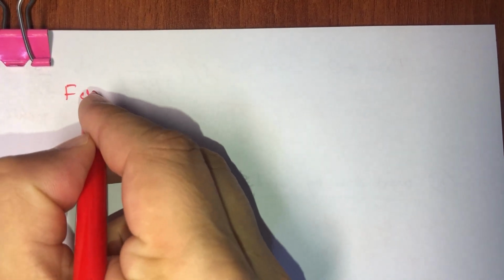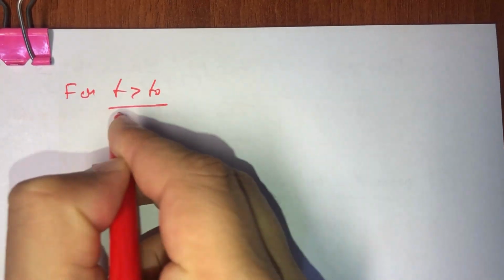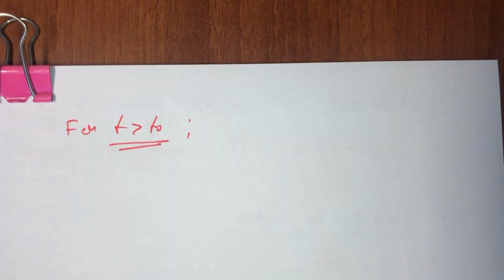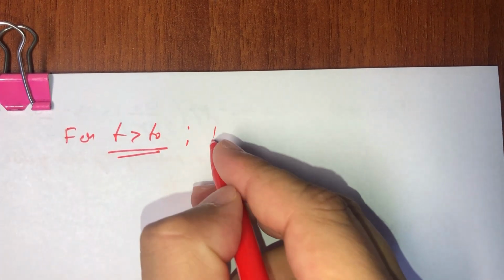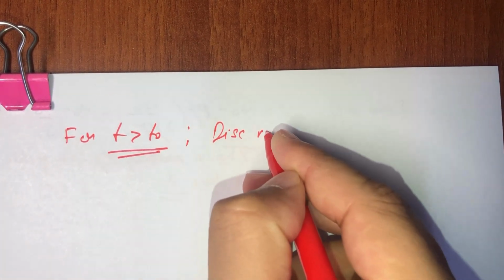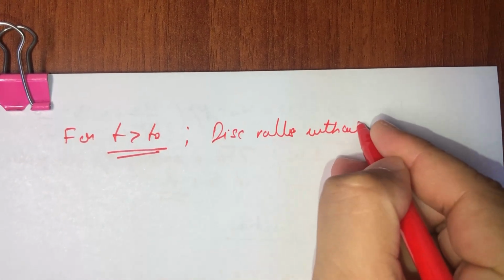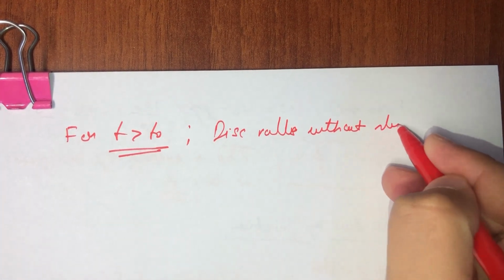For t greater than t naught, we already know that the disk rolls without slipping.